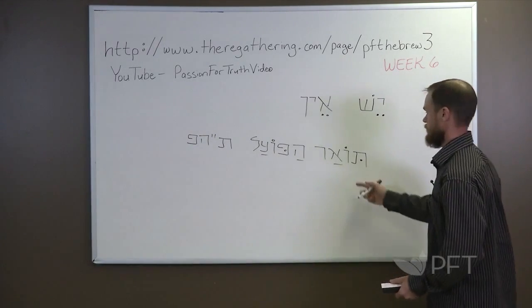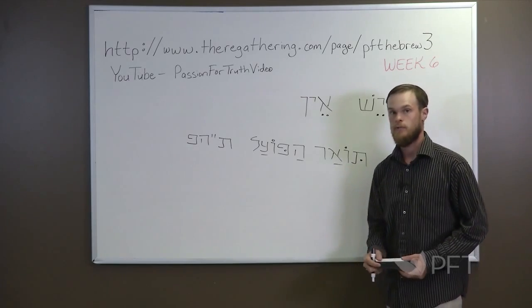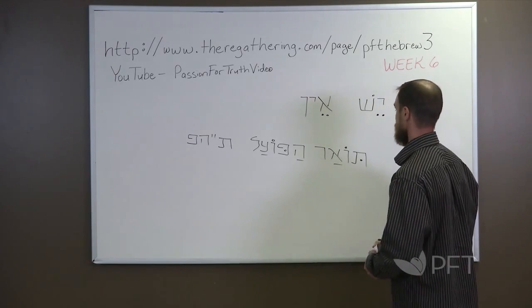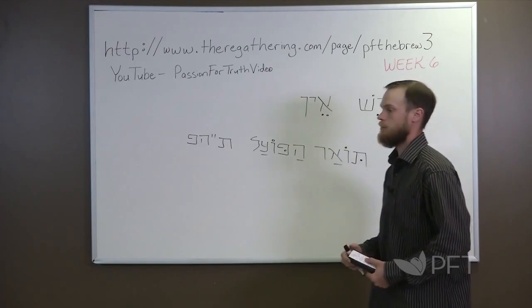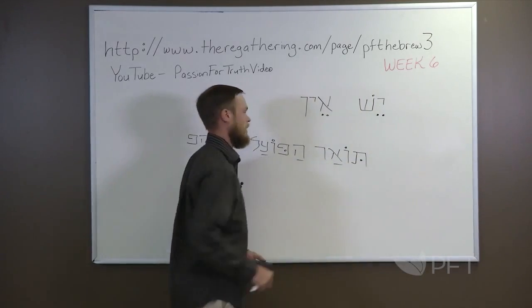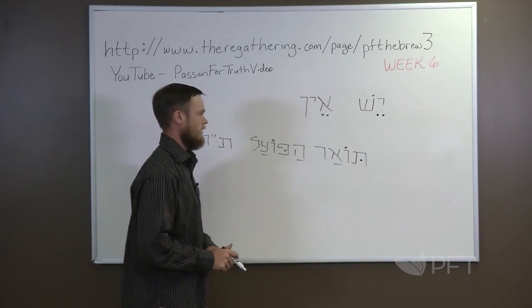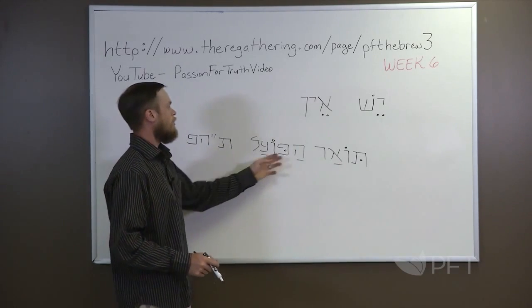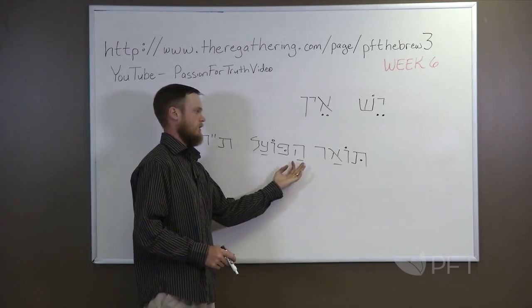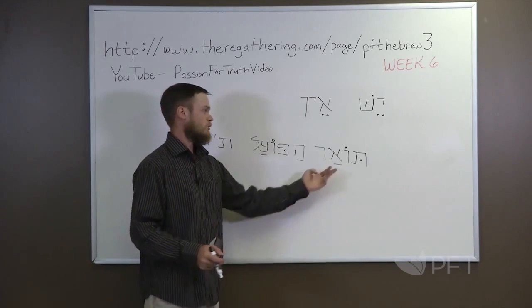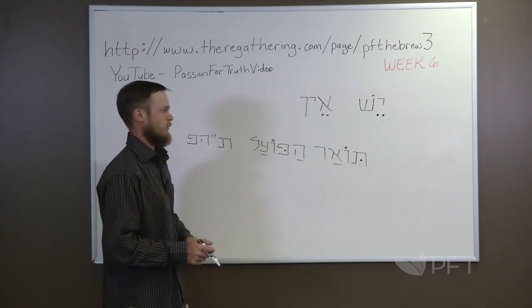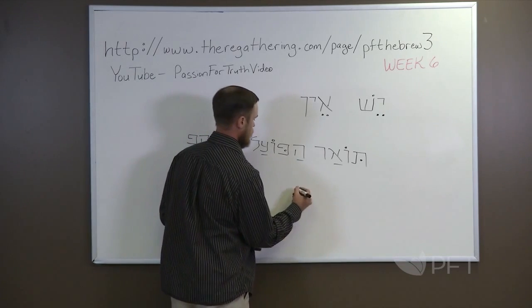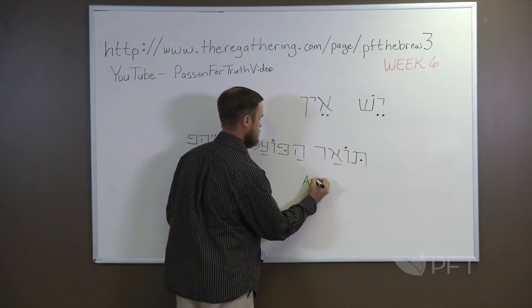Toar, as you may recall, is the word for adjective. In the case of adjective, toar hashem is the full name. Toar means a describer. So toar hapoal is a describer. Poal is a verb, so hapoal, the verb. So toar hapoal means describer of the verb, which is an adverb.